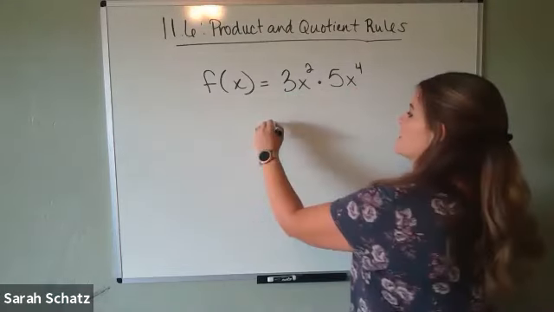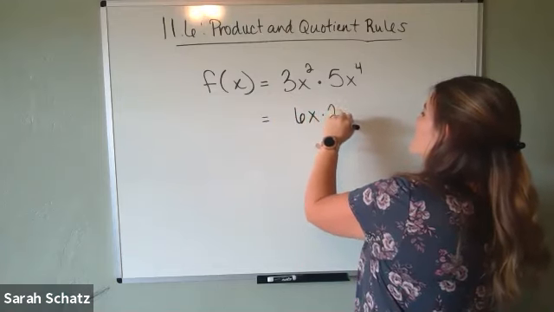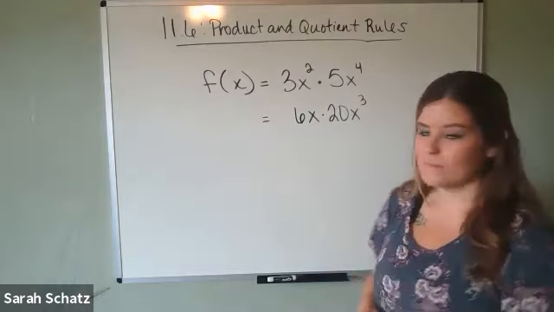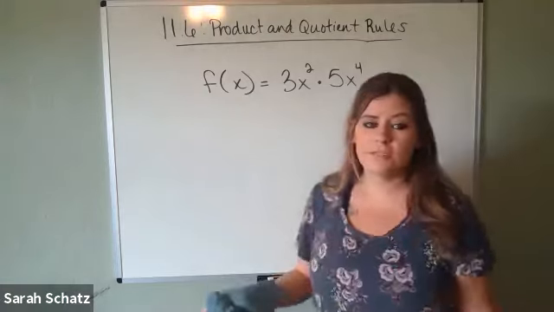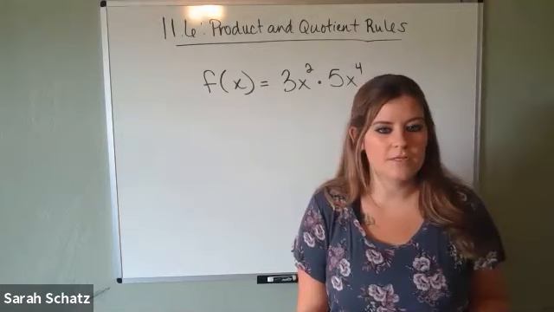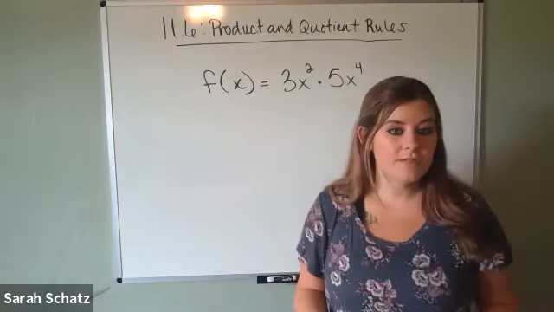So basically what I'm saying is I can't say that this is 6x times 20x cubed. It won't be the right answer. So basically, if it's not add or subtract, you can't just take them separately and then do whatever operation it is. Multiply and divide, we're going to find today, have very different rules.